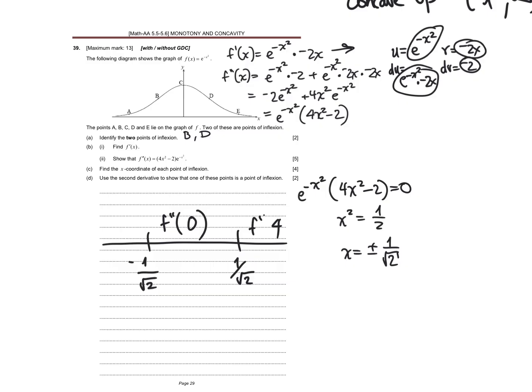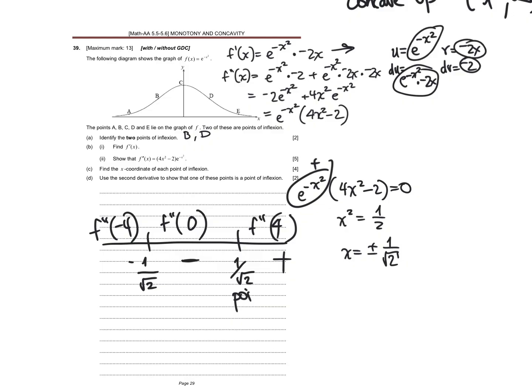So we'll do negative 4 as well. And that goes into the second derivative. That's always positive. When we sub in positive 4, that's going to be positive. When we sub in 0, that's a negative. This is a point of inflection.